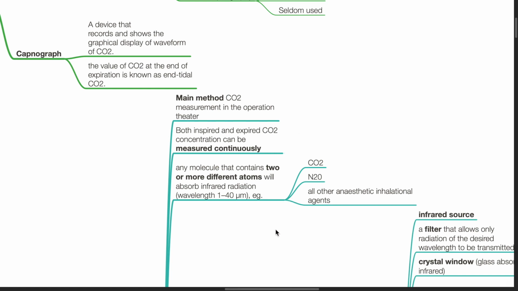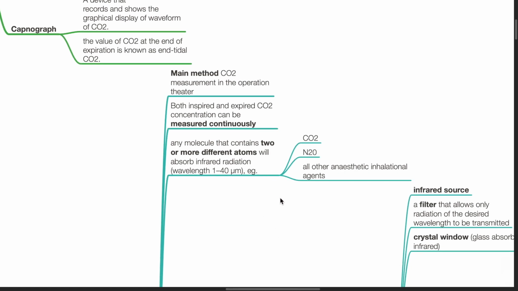The principle is, any molecule that contains two or more different atoms will absorb infrared radiation at 1 to 40 micrometers, for example, carbon dioxide, nitrous oxide, and other anesthetic inhalational agents.